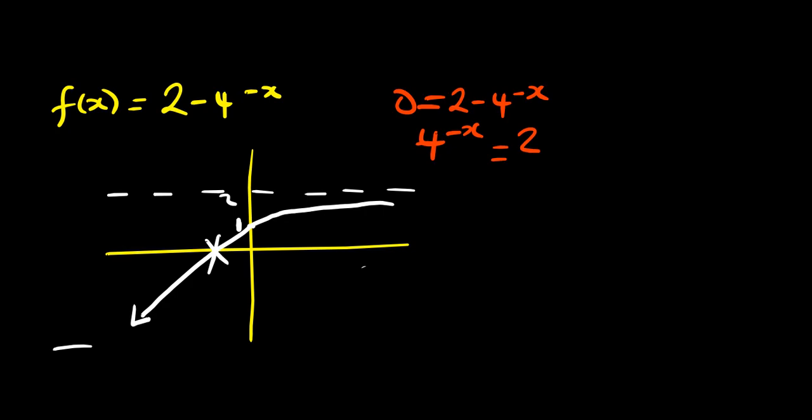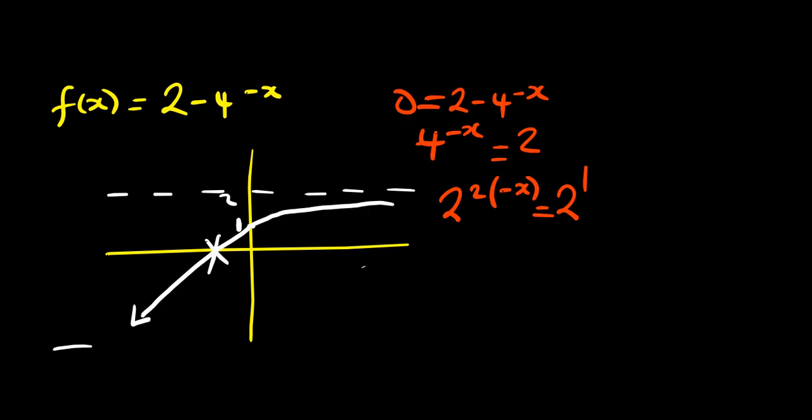Okay, now that I've got that, what do I do? I can make the bases the same, because we've learned indices. So I'm going to have 2 to the power 2, multiplied by negative x, is equal to 2, which is the same as 2 to the power 1.